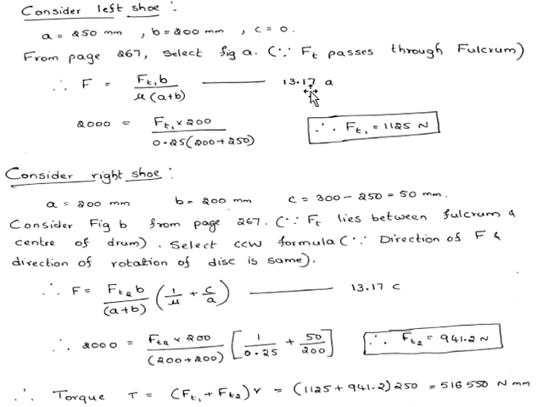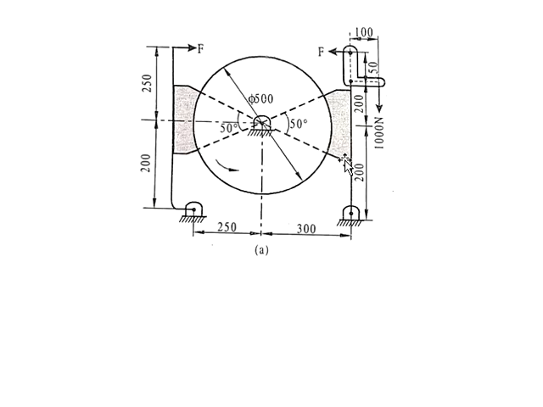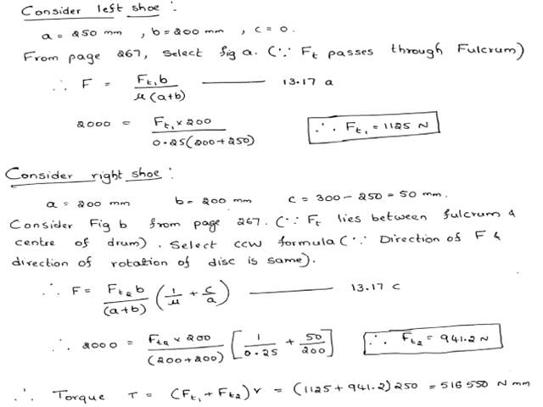Then consider right shoe. Identify whether it matches with figure A, B or C. It matches with figure number B because Ft lies in between center of drum and fulcrum point. Then identify whether clockwise equation is to be used or counterclockwise equation.